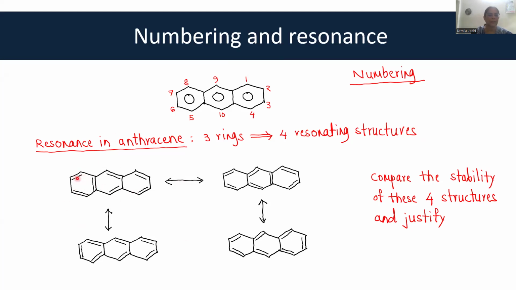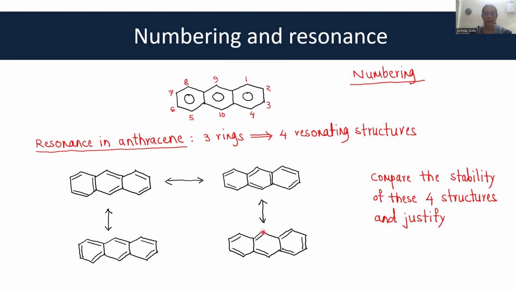In the first structure, the left-hand side ring and the central ring are in benzenoid form because this double bond is common to both the rings. Okay. Then the third ring, that is the right-hand side ring, is not in the benzenoid form. In the second structure, the central ring and the right-hand side ring are in benzenoid form. This one is not.